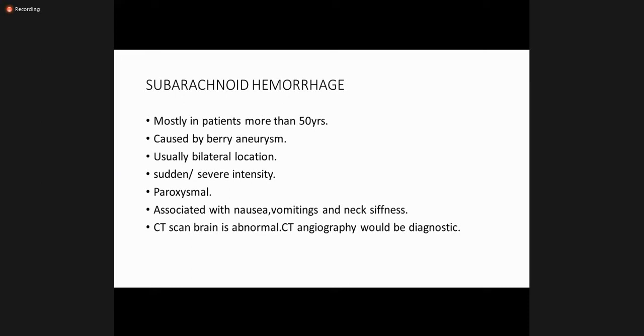And whenever you are suspecting there is blood in the cisterns or the subarachnoid spaces, you need to have an MRI angiography or CT angiography. And CT angiography is to look for any underlying vascular malformation, because these require aggressive management by reduction of pressures.